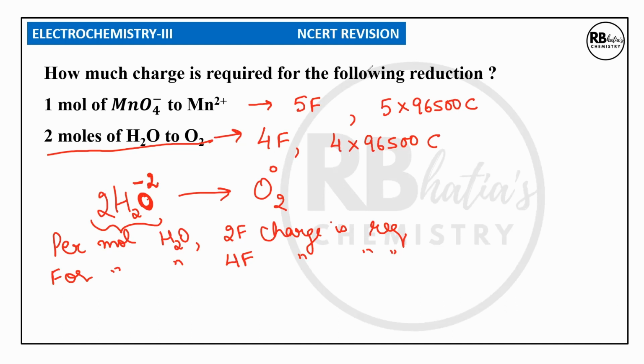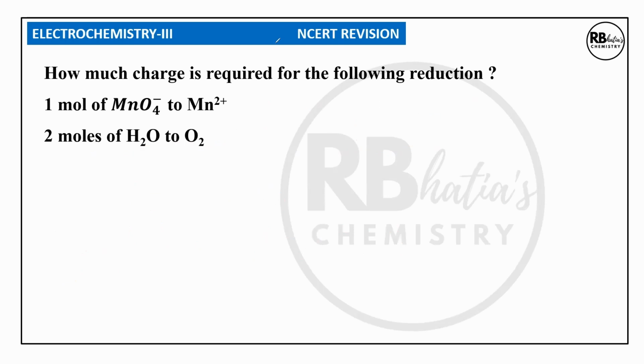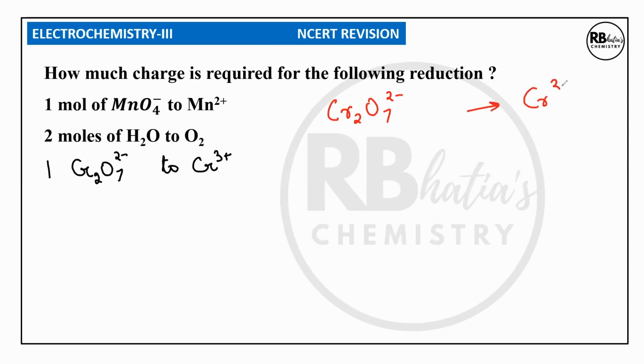Similarly, if the question asked was 1 mole of potassium dichromate or 1 mole of dichromate ions to chromium 3 plus ions. So how are we going to work on this? Dichromate Cr2O7 2 negative to Cr3 plus.